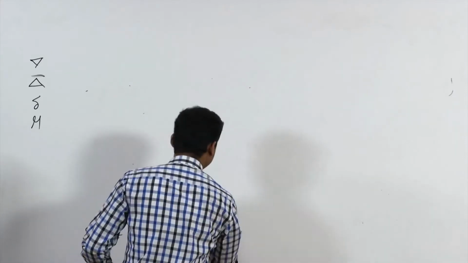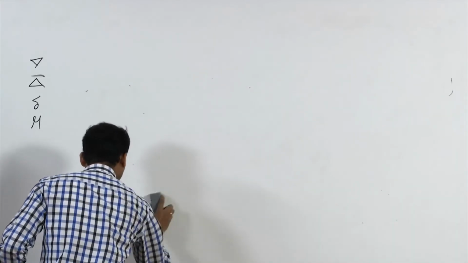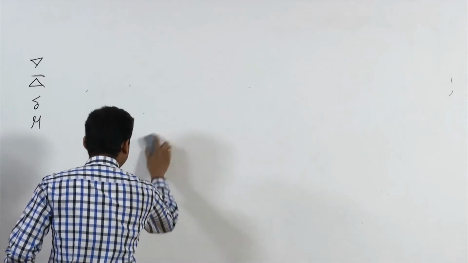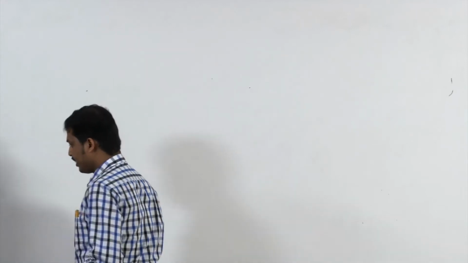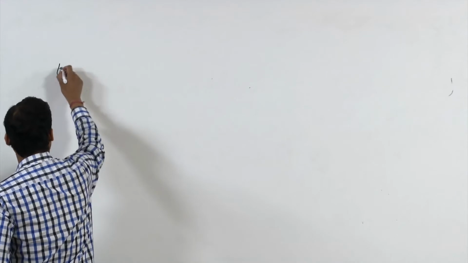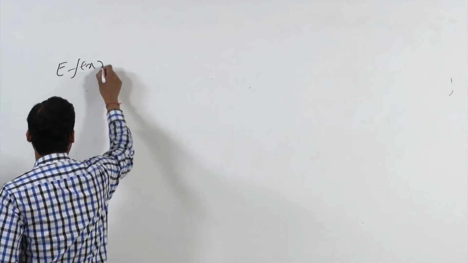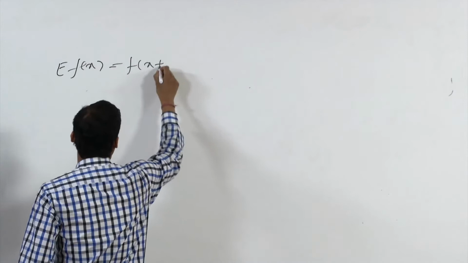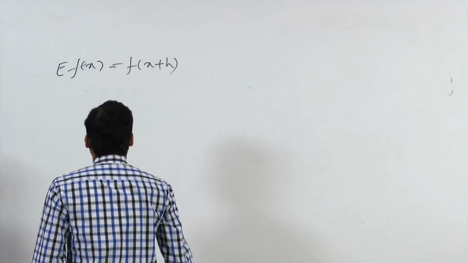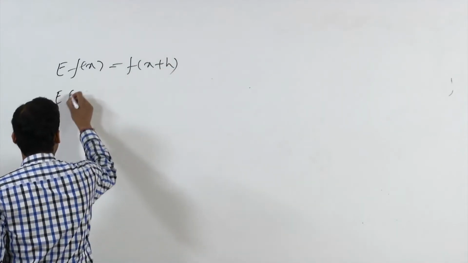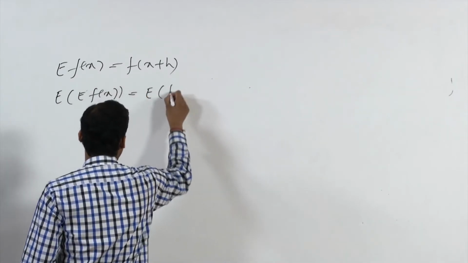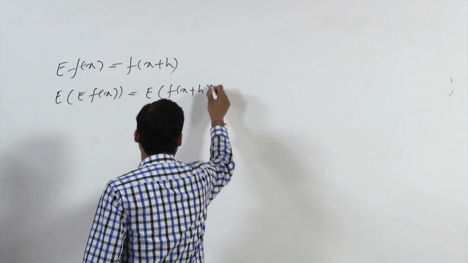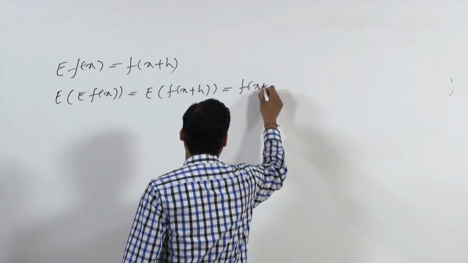If we express f of x plus h in Taylor series expansion form, with E as a shift operator, it is f of x plus h. Then sequentially, E of f of x plus h can be written as f of x plus 2h.